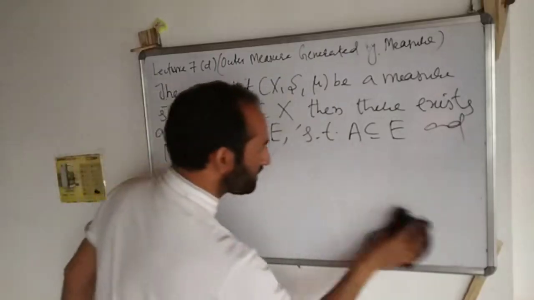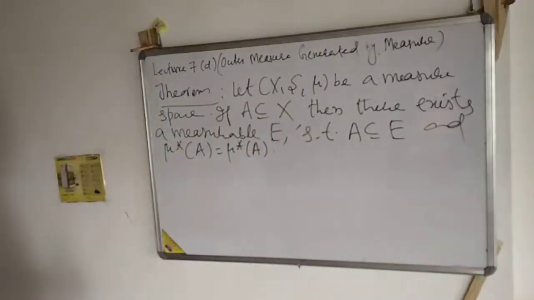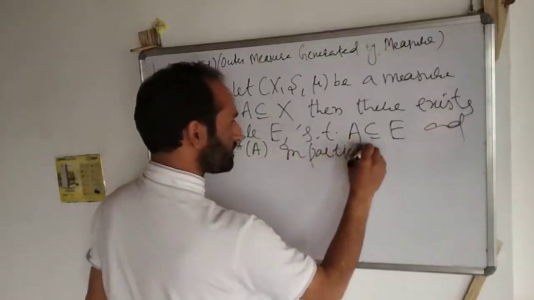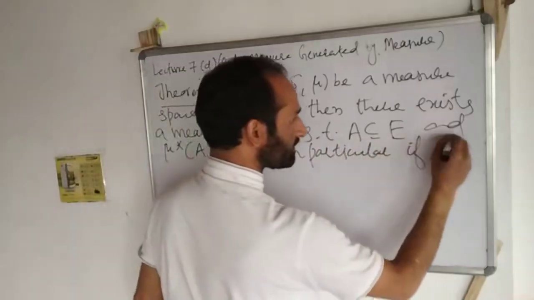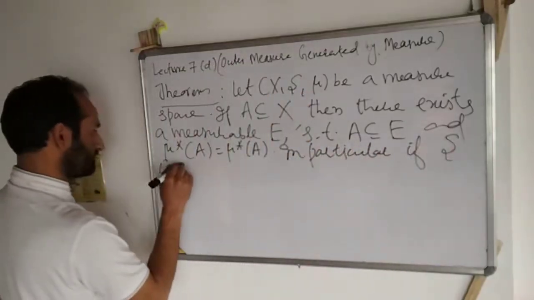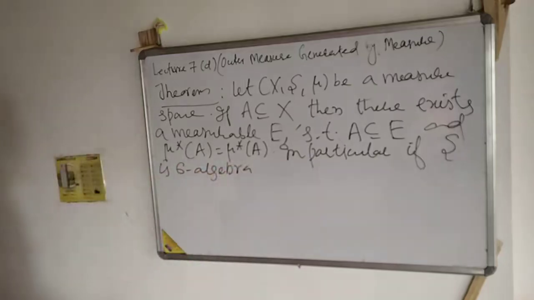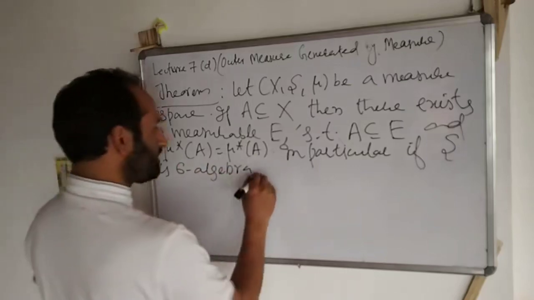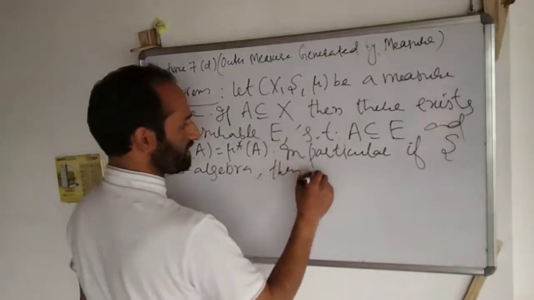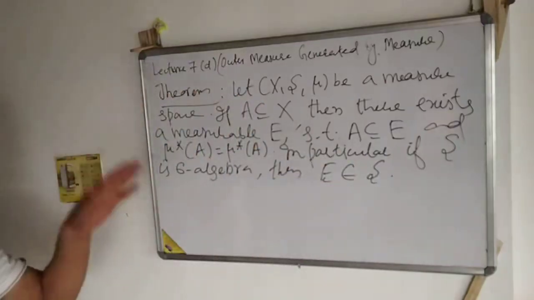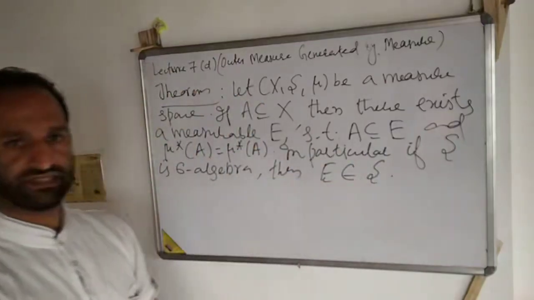In particular, if S is a sigma algebra, which is stronger than a semiring, then such an E is a member of S. It is not only measurable but also a member of S, the sigma algebra.